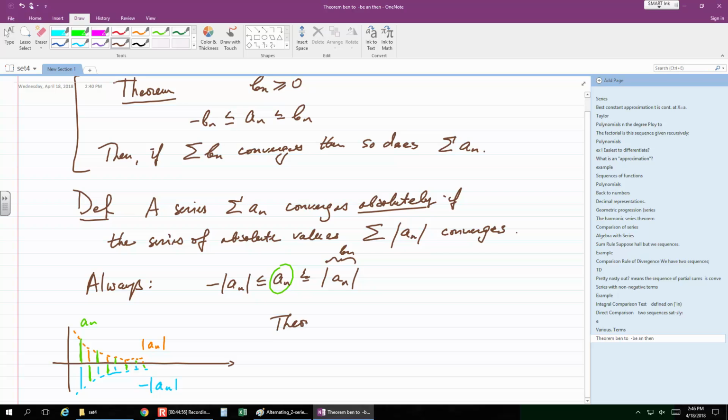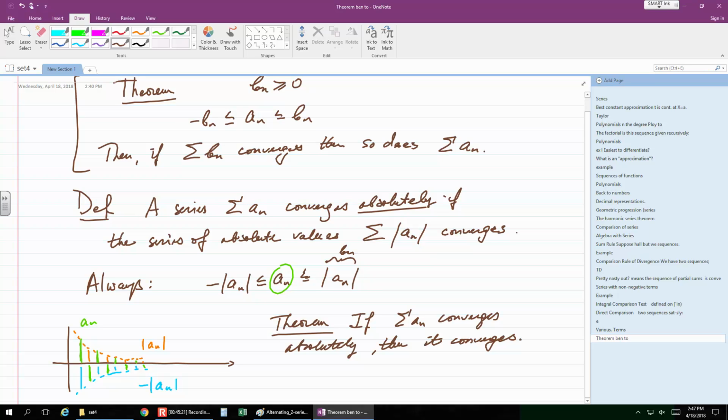So the theorem: if the sum a_n converges absolutely, then it converges. Just to explain the language. It sounds strong, converges absolutely.